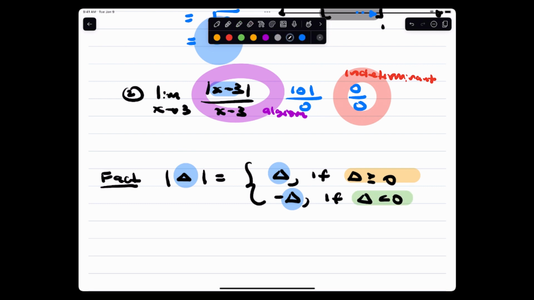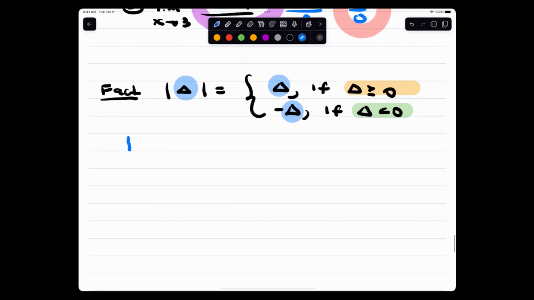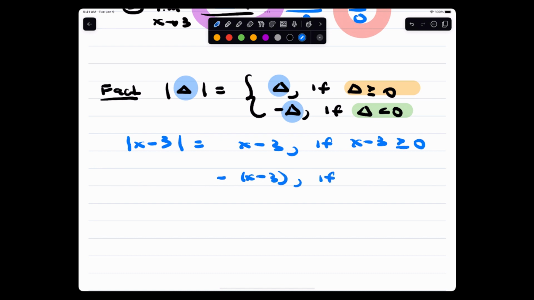So let me write down what it really means here. The absolute value of x minus 3 will be x minus 3 if x minus 3 is greater than or equal to 0. It is opposite x minus 3 if x minus 3 is less than 0.